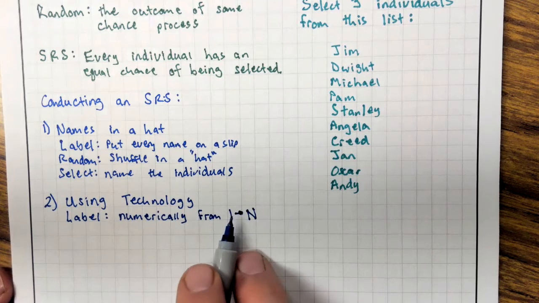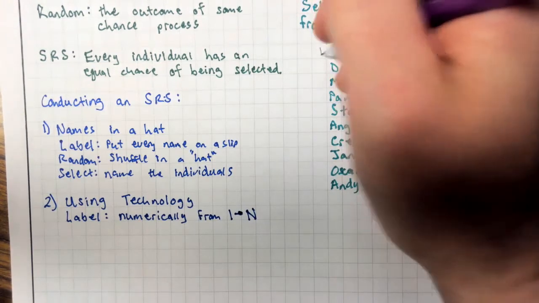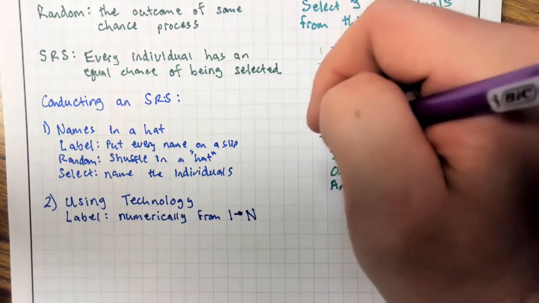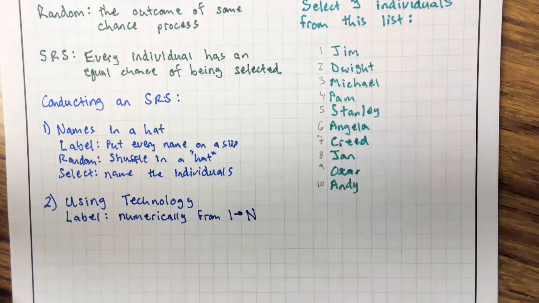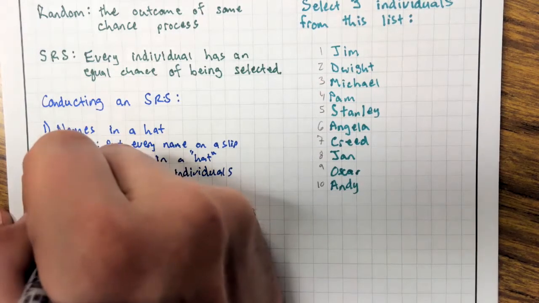We number starting at 1, going up to capital N. Let's do that real quick. So I've got Jim is number 1, Dwight's 2, 3, 4, 5, Angela's 6, 7, 8, 9, and 10. Once we're done labeling, just like the names in the hat, we need to go through some random process.